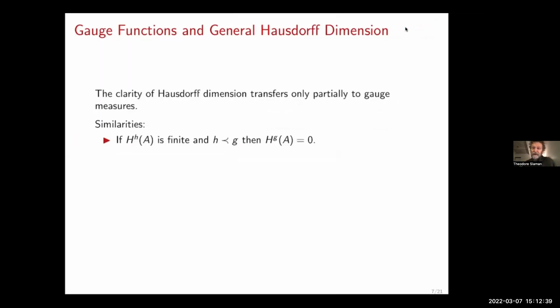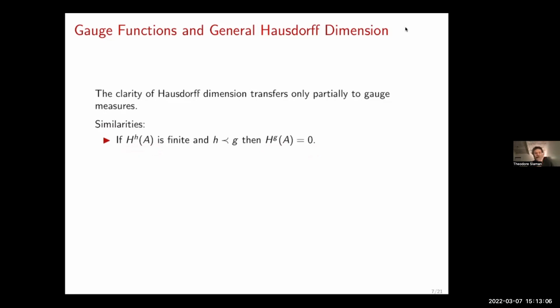So here are the similarities. First of all, if the H outer measure of A is finite and H is less than G, so G says that it's easier for sets to be null, then the G measure is equal to 0.